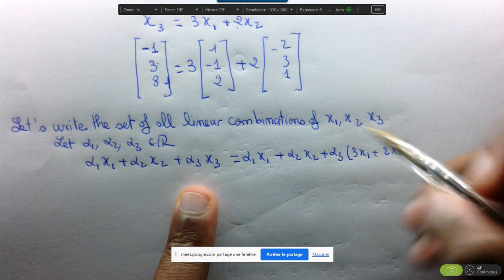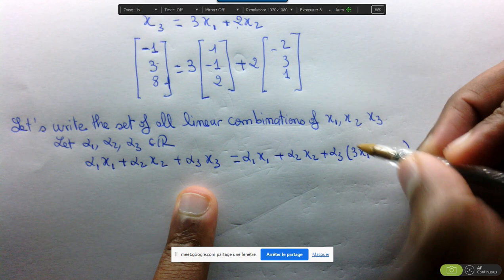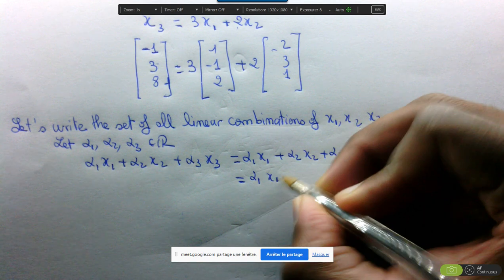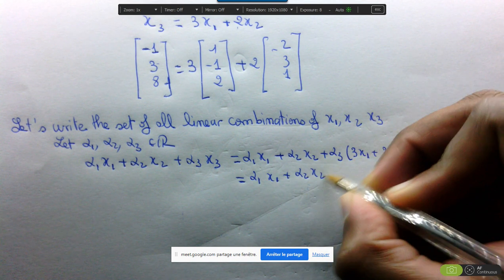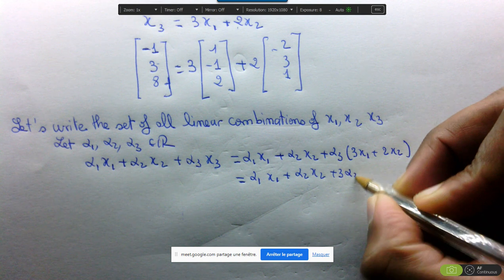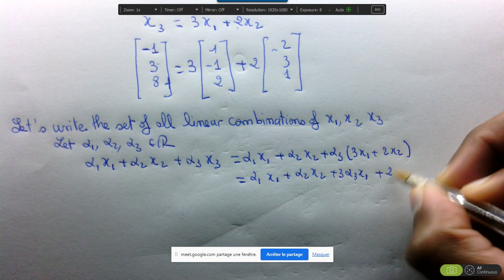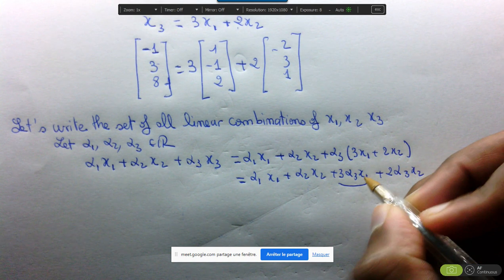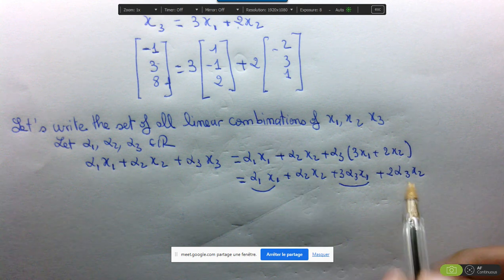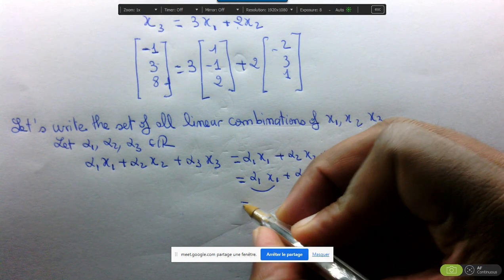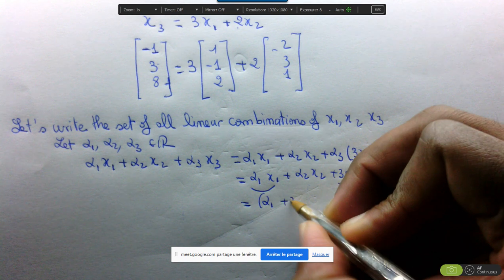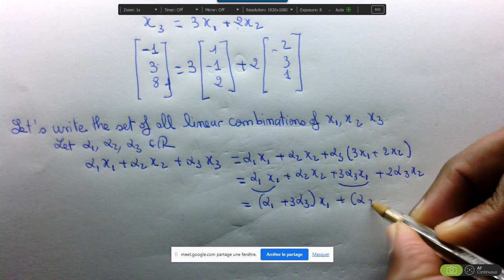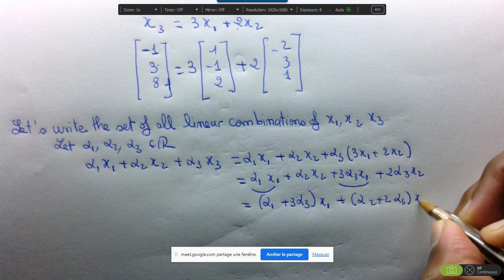So I'm going to combine the like terms. I'm going to have alpha 1 x1 plus alpha 2 x2 plus 3 times alpha 3 x1 plus 2 times alpha 3 x2. So I'm going to combine the x1 terms together and the x2 terms together. So I'm going to have in the end (alpha 1 plus 3 times alpha 3) x1 plus (alpha 2 plus 2 times alpha 3) x2.